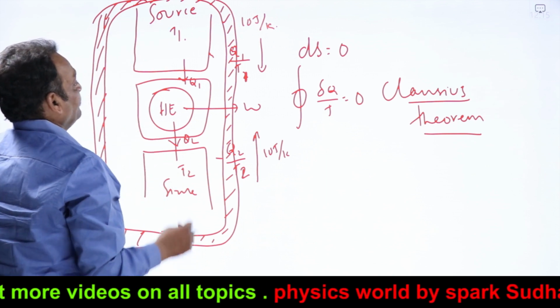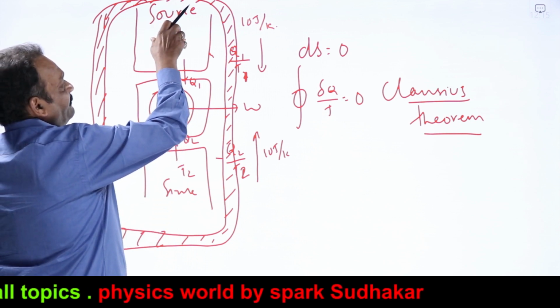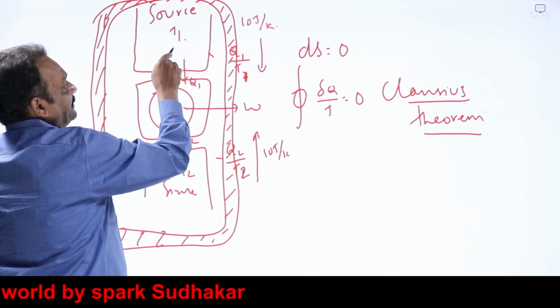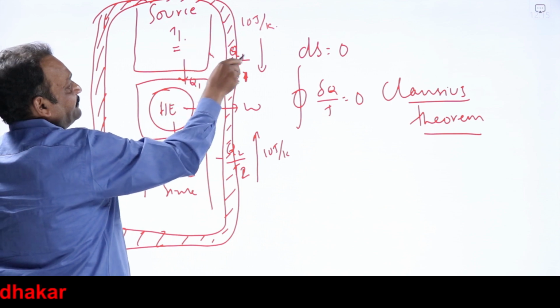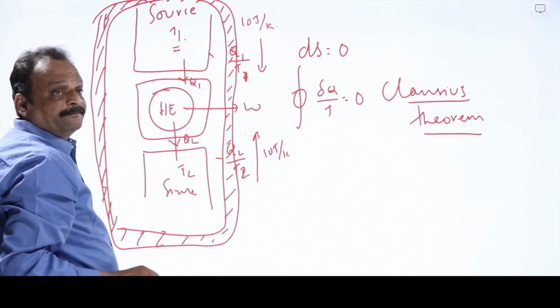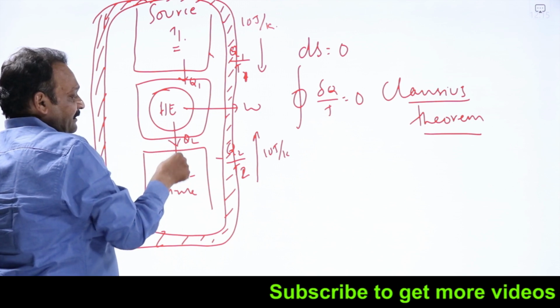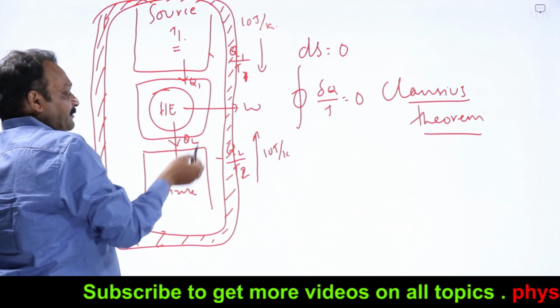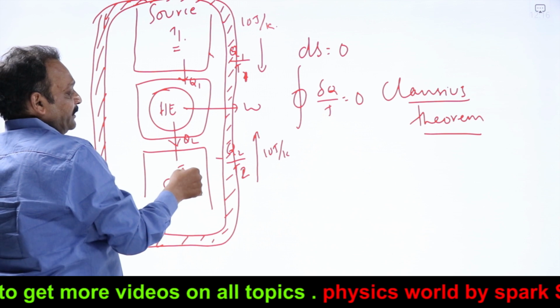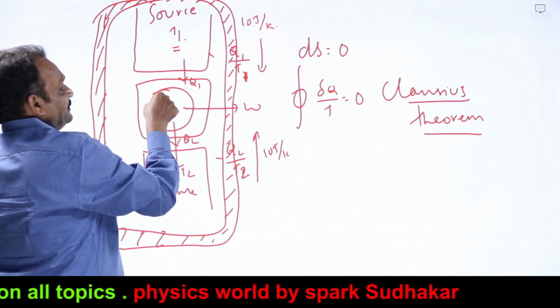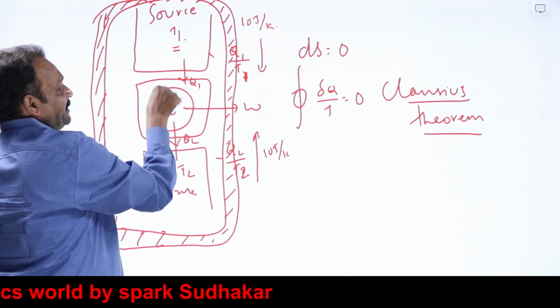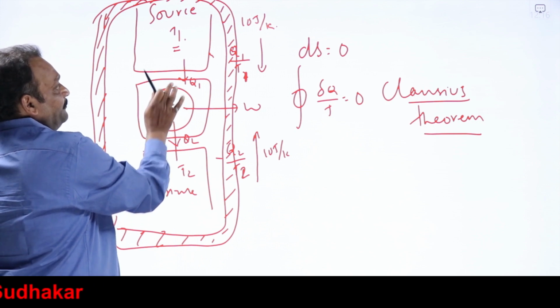Now what is happening? From one side, whenever you take Q1 amount of heat at a constant temperature T1, one part of the system's entropy is decreasing by Q1 by T1. And that heat is getting rejected into the sink. So what is the increase in entropy of the other part of the system? Q2 by T2. This heat engine is going back to its initial state. Change in entropy of this part is 0.